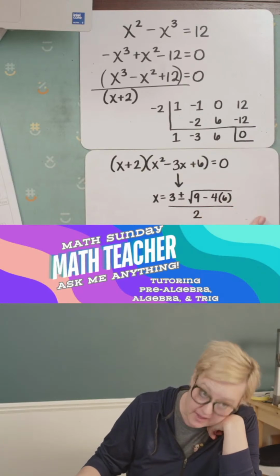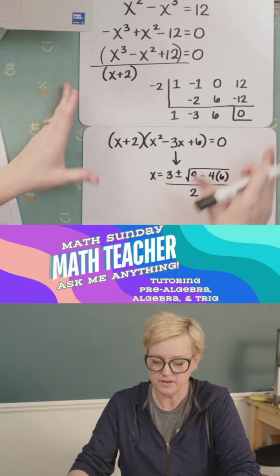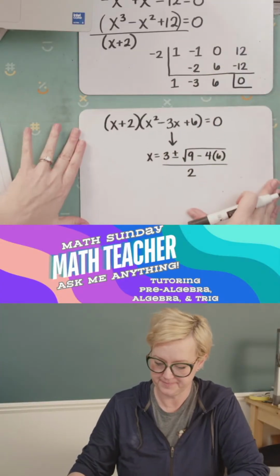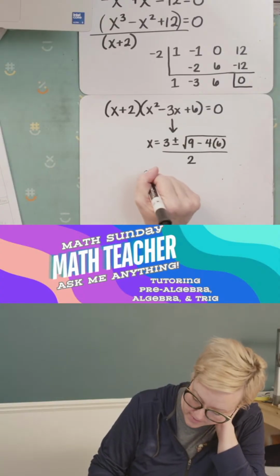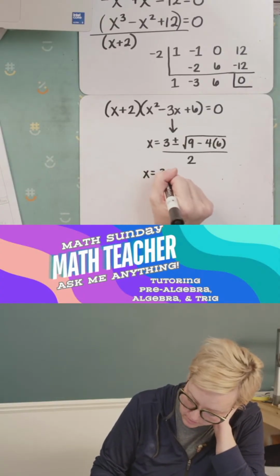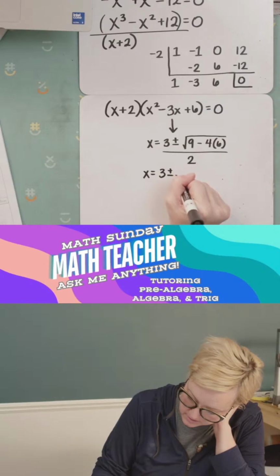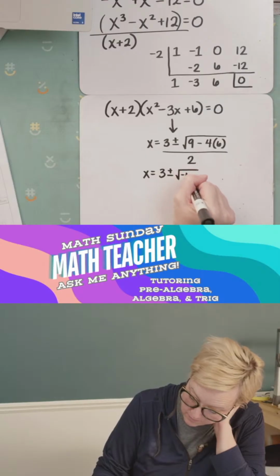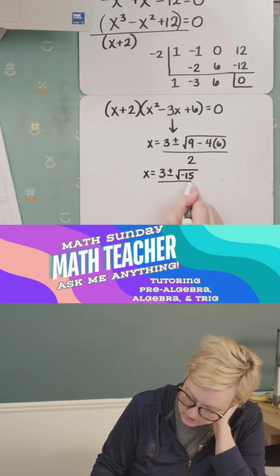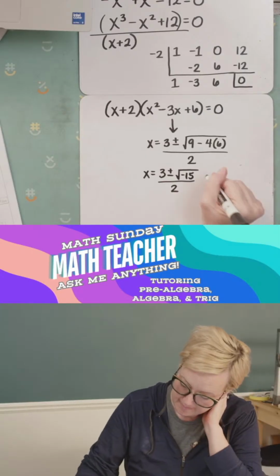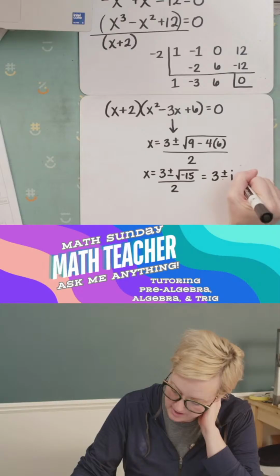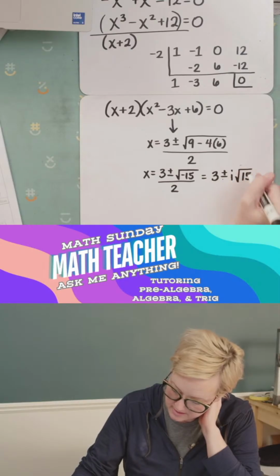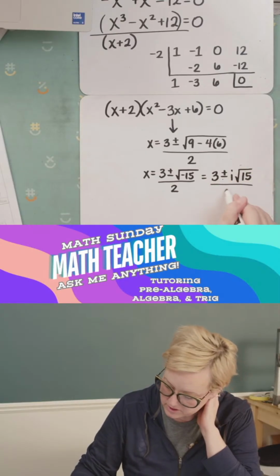Let's see, oh my gosh, I keep going off the edge. Sorry, guys. So then that becomes 3 plus or minus root -15 over 2. So it's going to be 3 plus or minus i root 15 over 2.